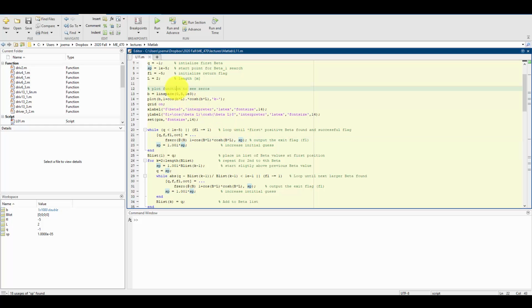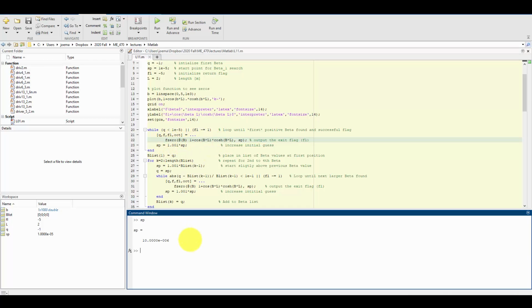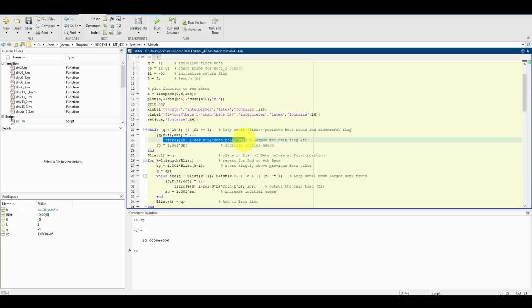If we look back in the code, my start point here, I'm going to start really, really small, 1 times 10 to the negative 5, a number that's a little bit above 0. I'm going to start looking for the first beta that solves this root. So if SP is that really small number, let me go into fzero and see what I get out.